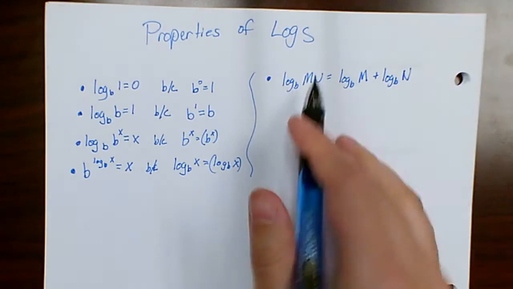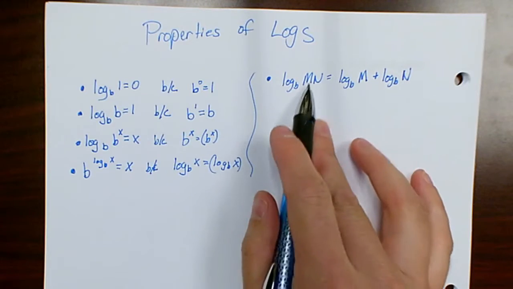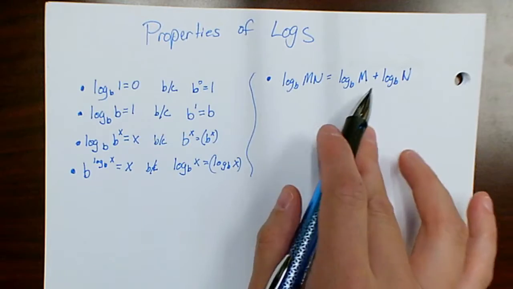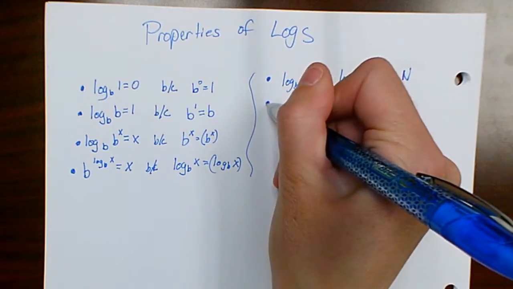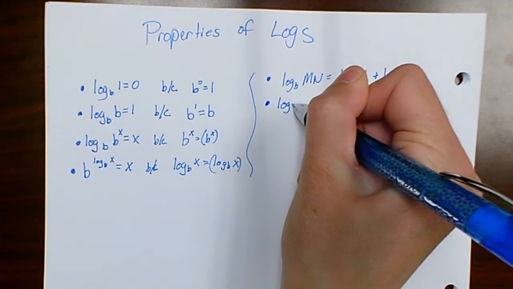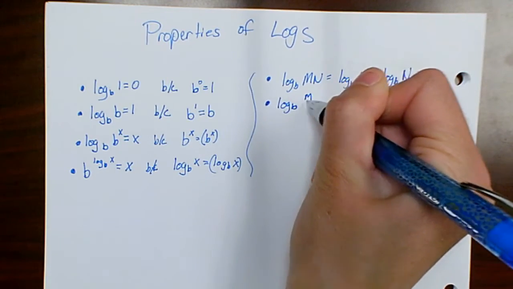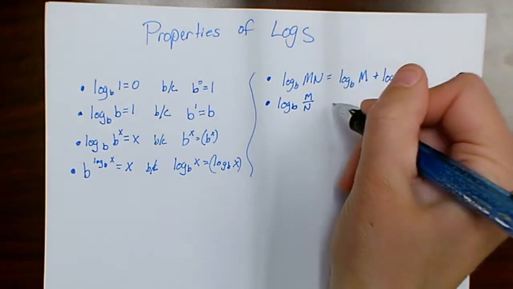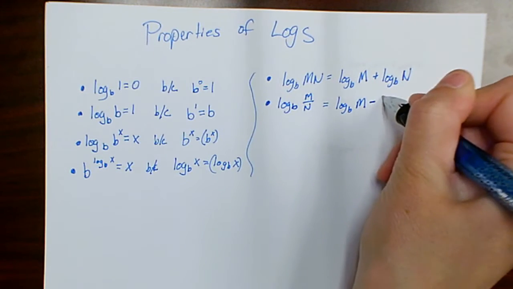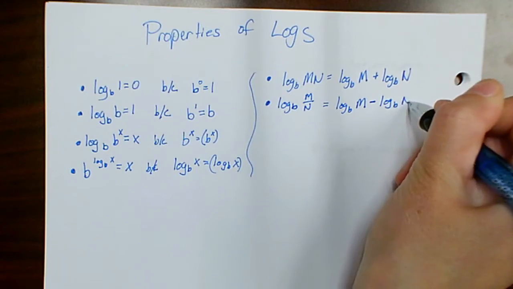So with multiplying products, you can add. So multiplication and addition go hand in hand because we increase our value. So if you have log base b of m divided by n, you can take log base b of m minus log base b of n.